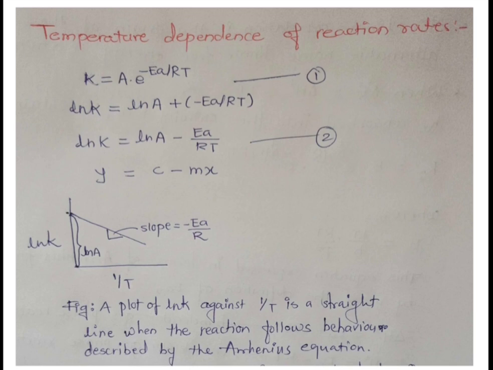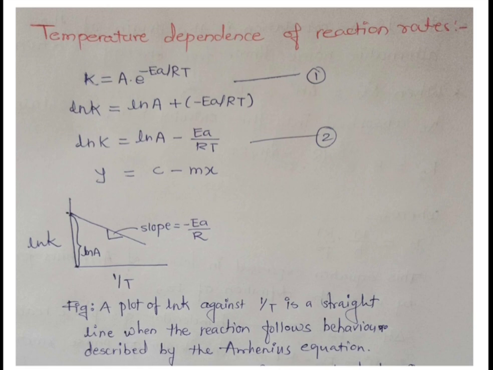Here k is the rate constant, A is the pre-exponential factor, Ea is the energy of activation, R is the molar gas constant, and T is the thermodynamic temperature. So this is our equation: k = A e^(-Ea/RT).